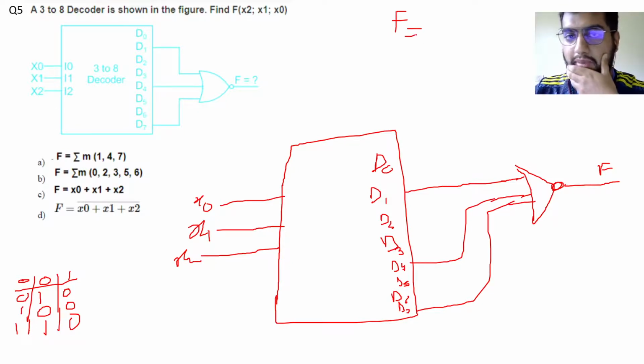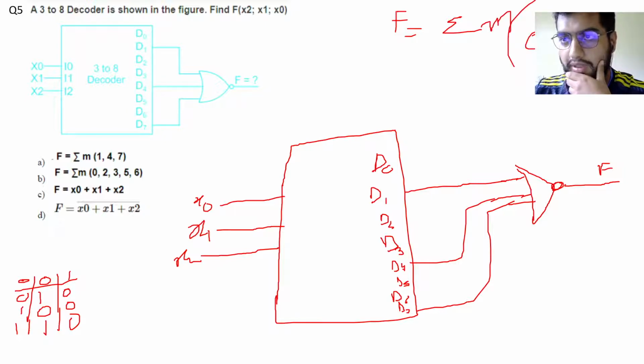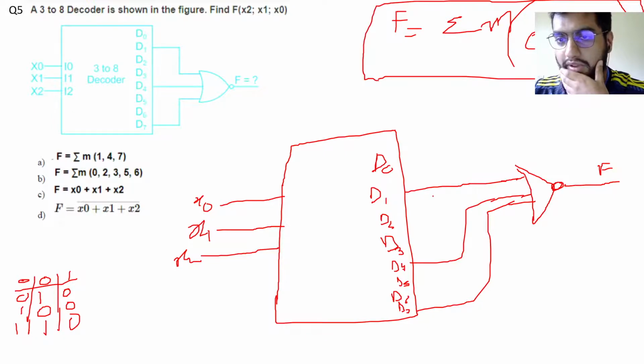So f will simply be equal to the summation of all those terms that are remaining, apart from 1, 4 and 7. So f will simply be equal to the sum of minterms 0, 2, 3, 5, and 6.